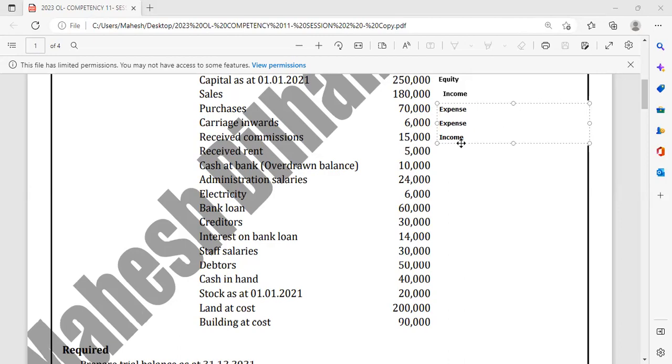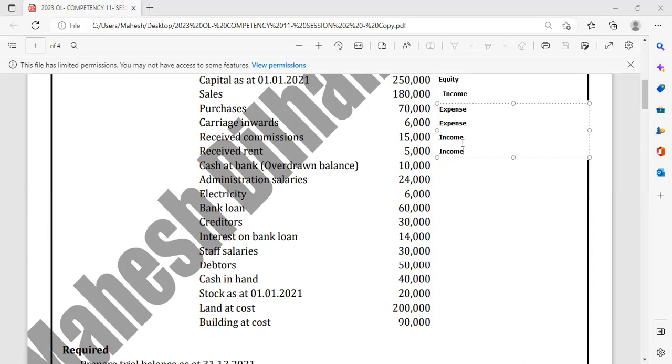Look carefully to check. Because if you know this, preparing the trial balance is not difficult. Is it clear? Then received rent, once again income. Look carefully. Then cash at bank, overdrawn bank. Son, normally cash at bank is an asset. But I think we have worked with the bank reconciliation statement.